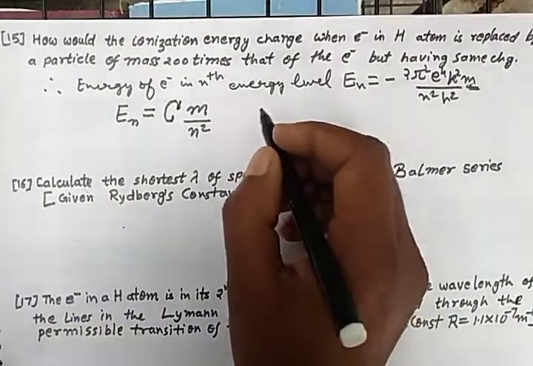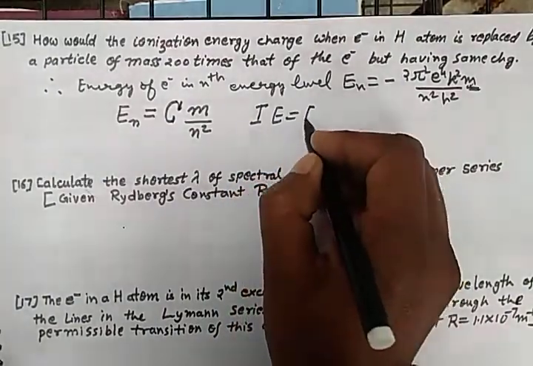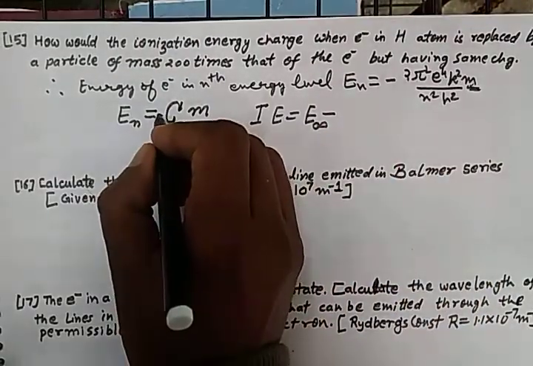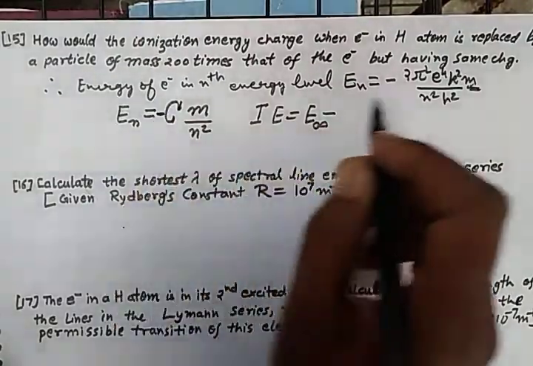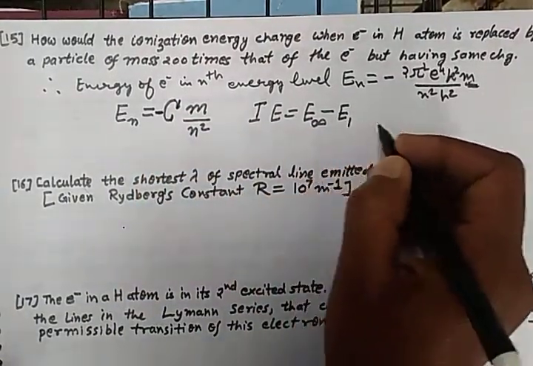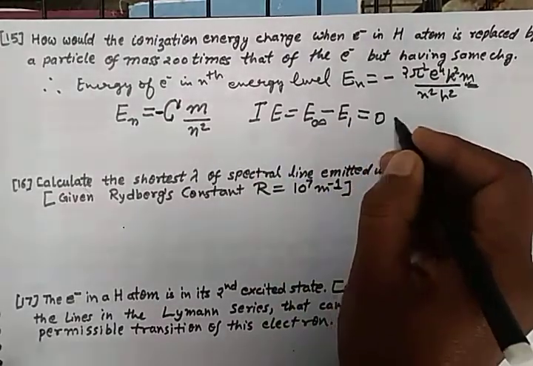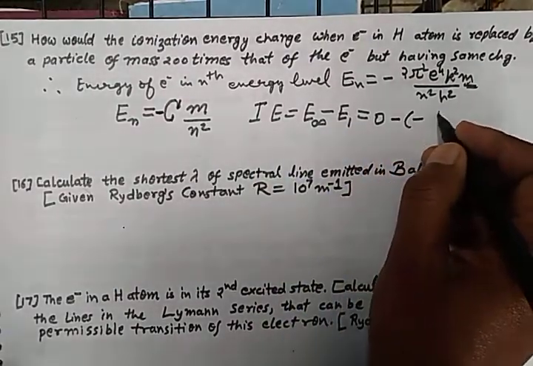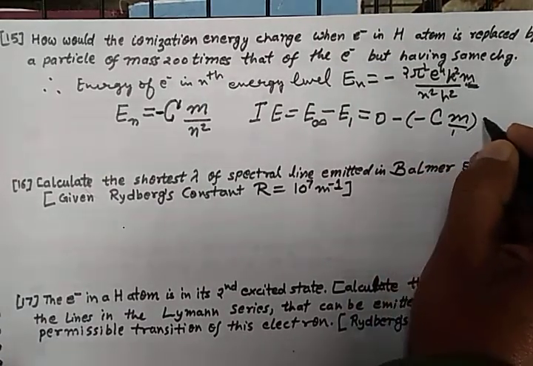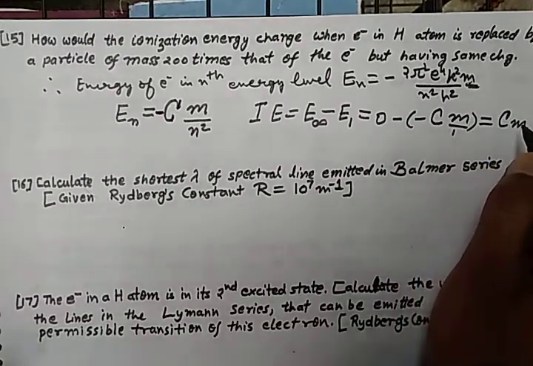Now ionization energy will be equal to E infinite minus En. One more thing, it is negative, so minus E1: at infinite it will be 0, and minus this Cm upon 1, that is plus Cm, some constant multiplied by mass.